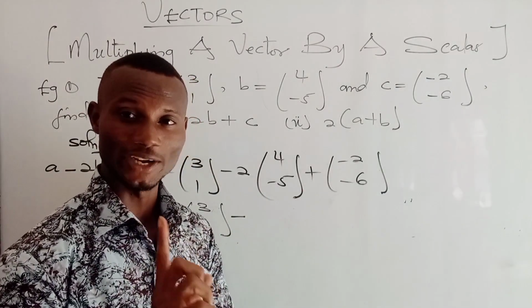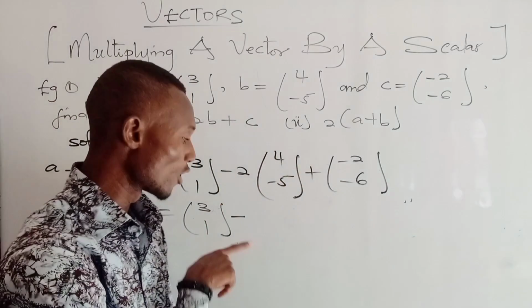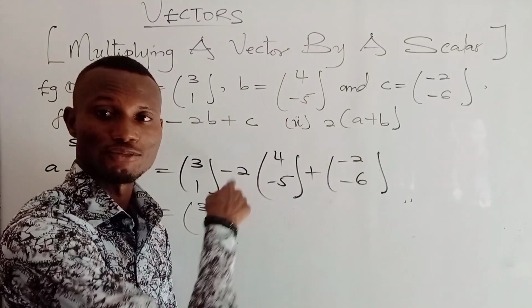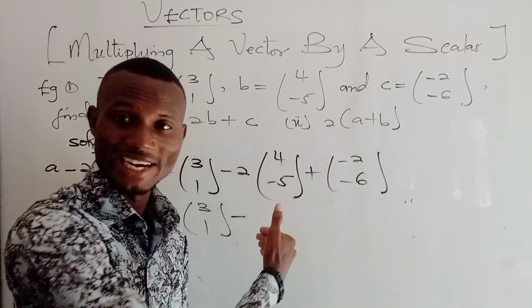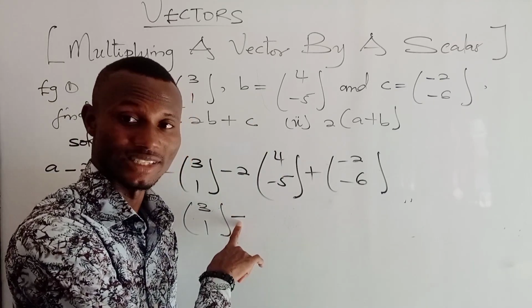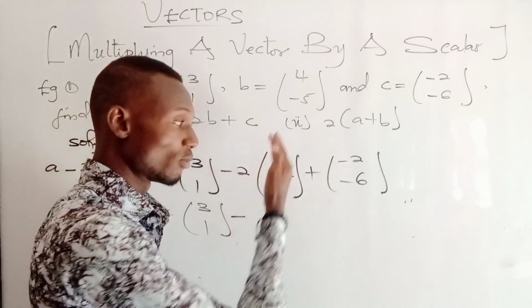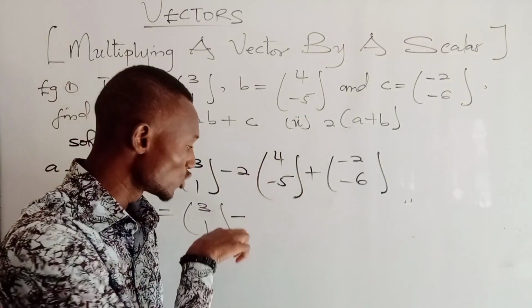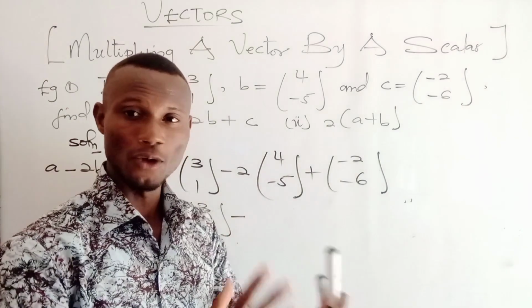But what you need to take note of is that when you use the minus 2 to multiply the vector, you cannot repeat a minus here again. You have to make this place plus, because you've used the minus 2 to multiply the vector. So here is supposed to be plus, not minus again. But if you choose to use only the 2 to multiply the vector, then you are supposed to repeat the minus sign which is here. That's the difference. I hope it's clear now.